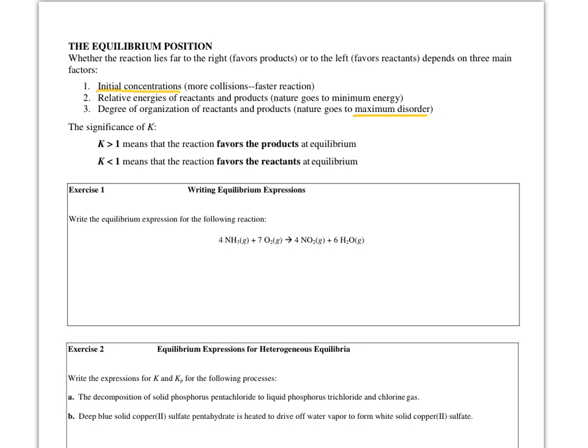So the significance of the K value. All right, the K constant tells us a whole lot. Remember that K is really your amount of product over your amount of reactants. So we have to think about what that means. We'll hit this a little harder later, so I'm just going to briefly introduce it.